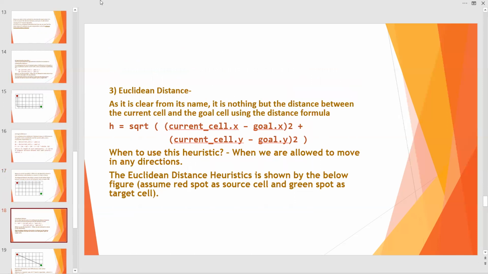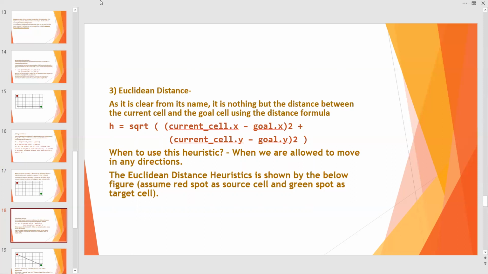Euclidean distance. As is clear from its name, it is nothing but the distance between the current cell and the goal cell using the distance formula: h equals square root of ((current cell.x minus goal.x) squared plus (current cell.y minus goal.y) squared).